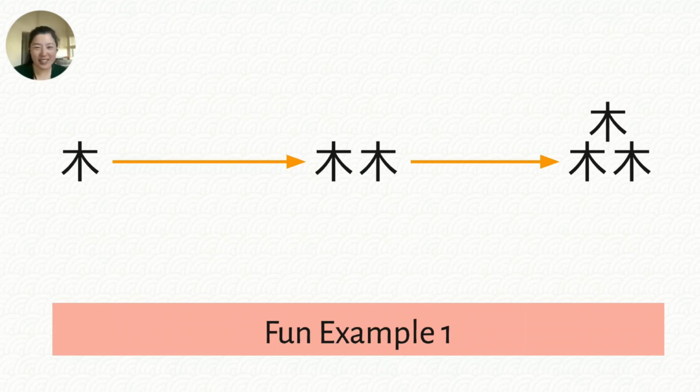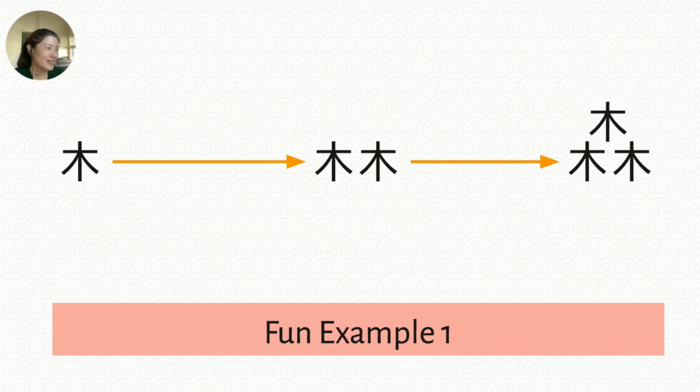And I think it logically makes a lot of sense. Like, if you have 1 tree and now you have 2 trees, it's probably a slightly bigger forest or grove. And then you have 3, it's a really big one, right? And so even if you aren't familiar with these kind of characters, no problem, right?